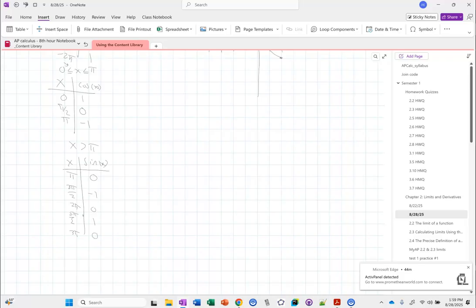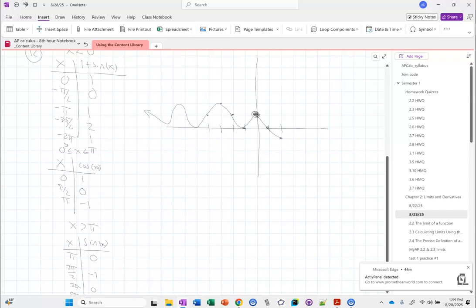And then 3 pi again is at 0. So I have an open circle at pi, 0. And then it just kind of does that for the rest of the way.